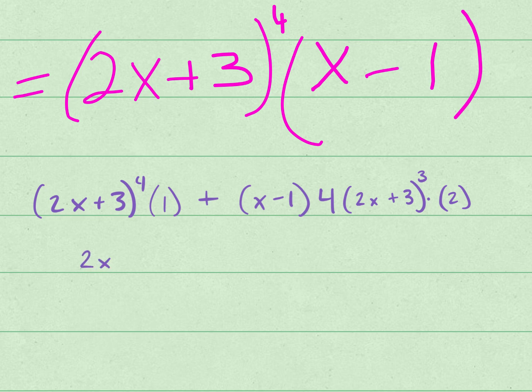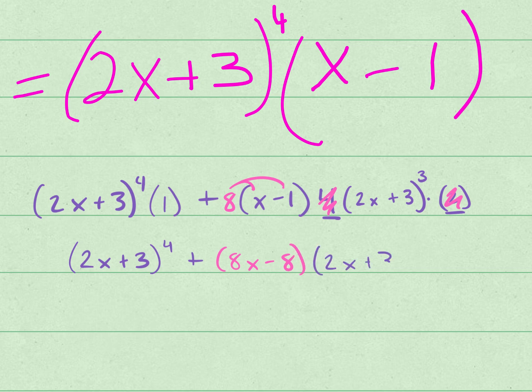So we have 2x plus 3 to the 4th power plus, here 4 times 2 would be 8. And 8 I'm going to distribute to the x minus 1. So I'll make it 8x minus 8 times 2x plus 3 cubed.